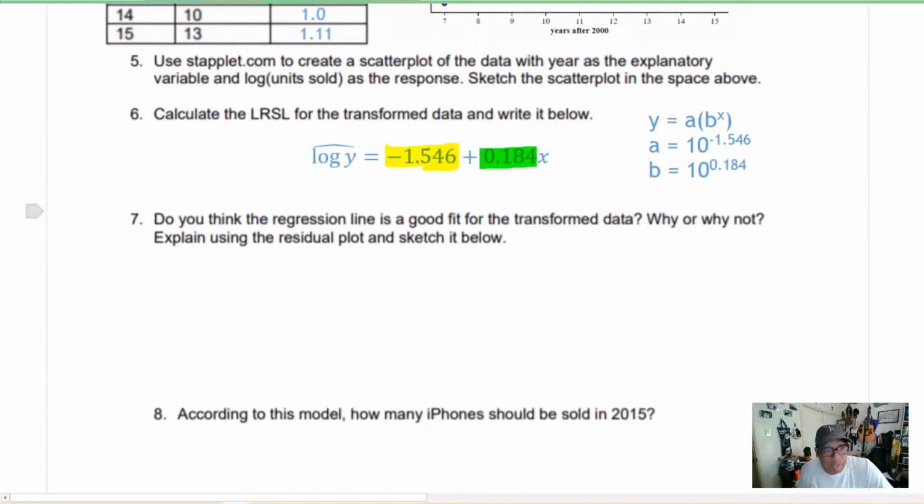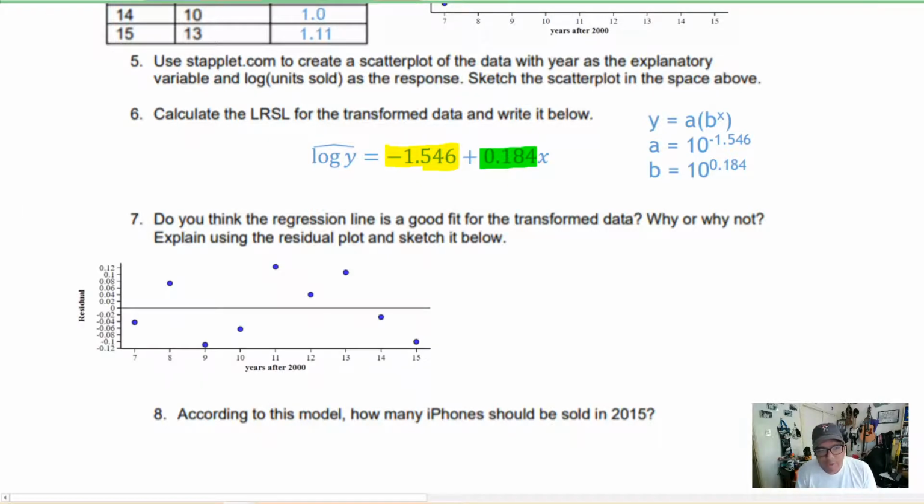Okay, do you think the regression line is a good fit for the transformed data now? Why or why not? Okay, let's take a look at the residual plot. I don't see a curve in the residual plot, or maybe we should say there's no leftover curve in the residual plot. So it seems as though our transformed data looks pretty linear.